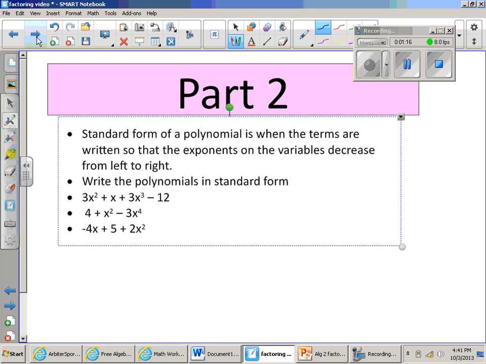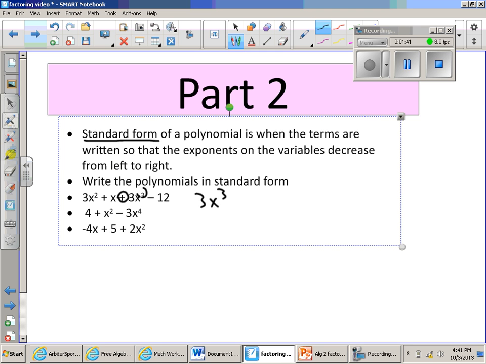Second thing let's look at is, let's write it in standard form. Standard form is when we write the polynomial with the terms in decreasing order. Decreasing means highest exponent to lowest exponent. My highest exponent in the first problem is 3. 3x cubed is my first one.